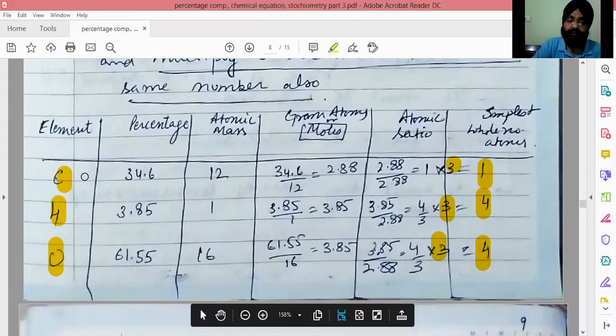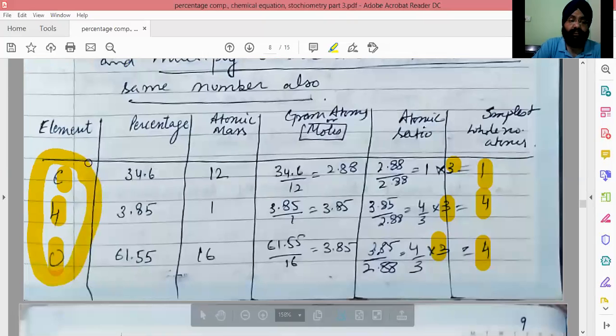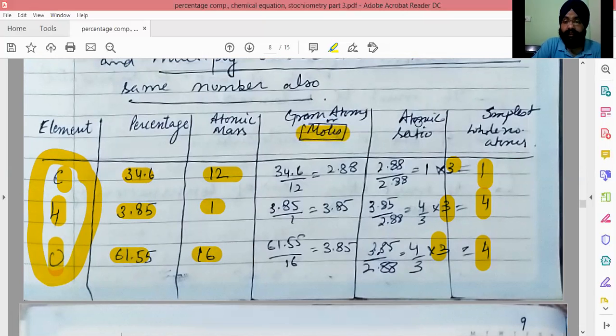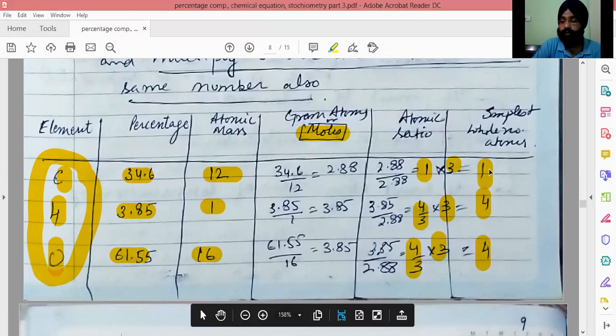What we did is we wrote all the elements constituting the compound. Then against each element we wrote the percentage, then the atomic masses of all the elements, then we calculated moles, meaning gram atoms, and then the atomic ratio by dividing the moles by the smallest number of moles, then converting these atomic ratios into whole numbers.